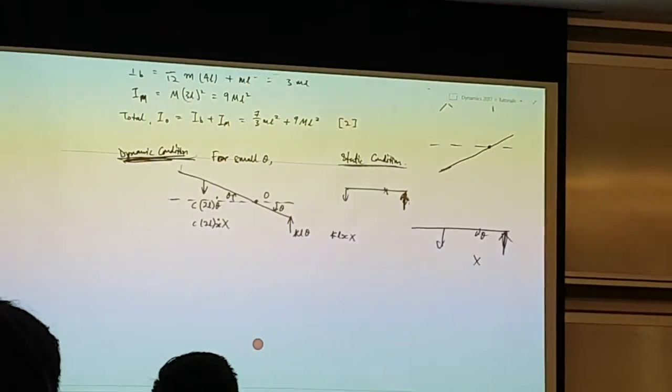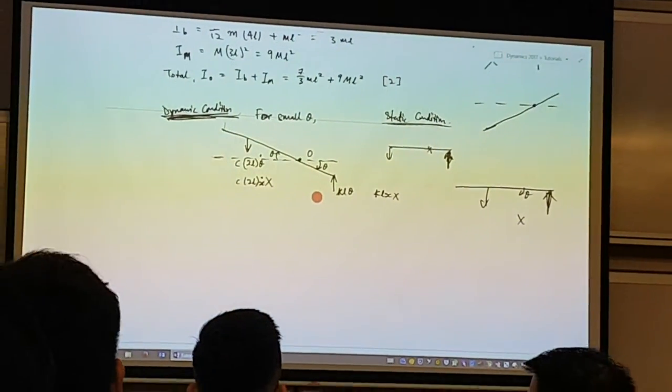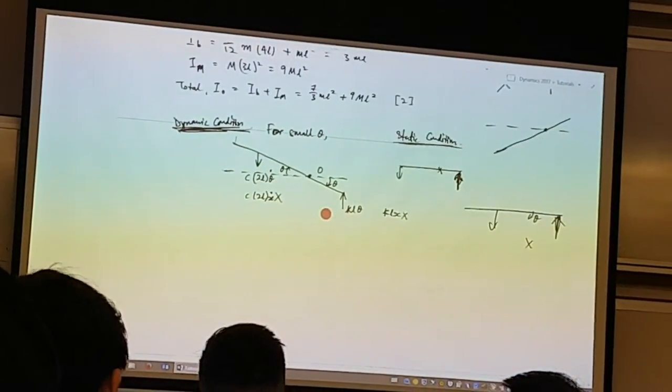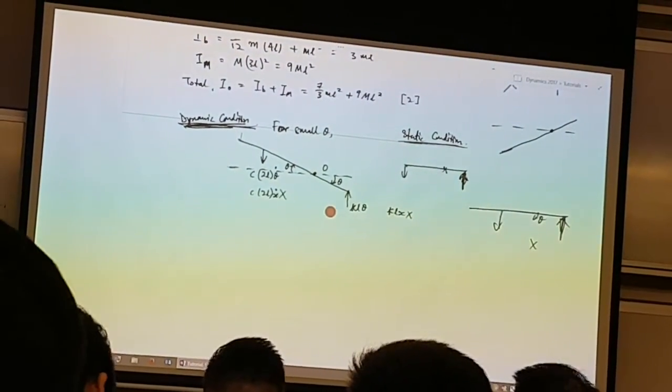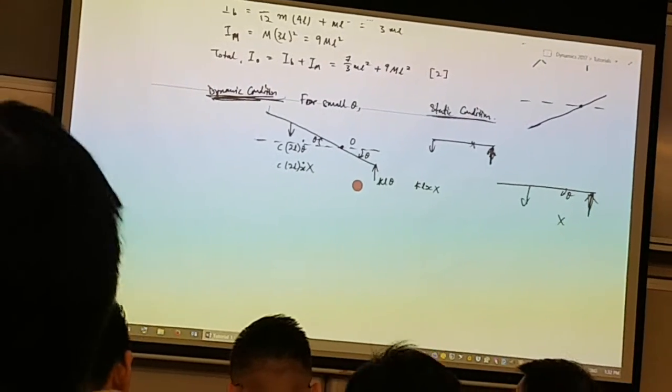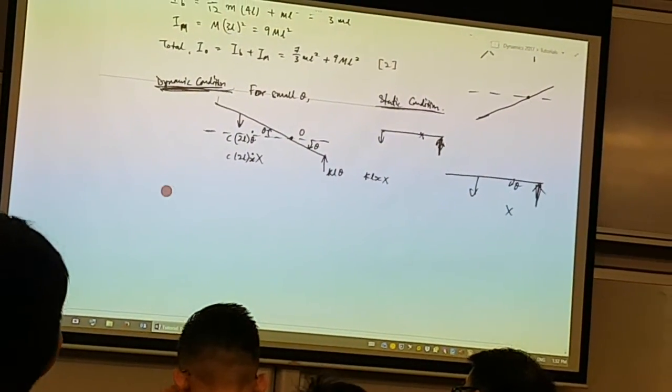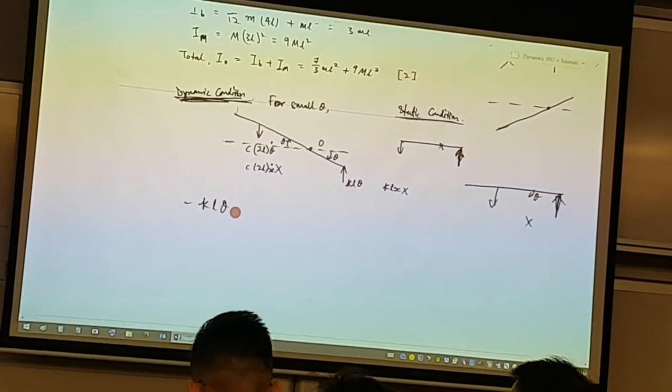So now that you have all these forces, we go about formulating the second order differential equation. So we have this up here, minus kL here.